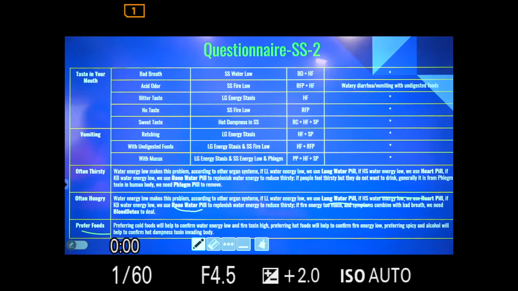That will help us confirm that hot damp toxin is definitely in your client's body. Because if you take too much spice or too much alcohol, it will generate a lot of damp toxin to make stones, and problems like the prostate, a lot. Too much alcohol will generate that kind of hot damp toxin.